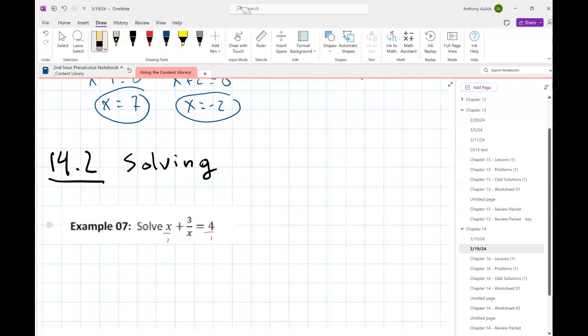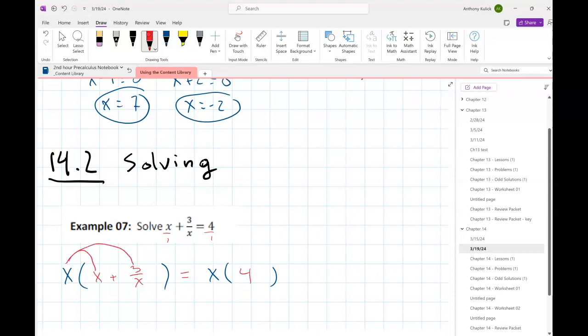So my least common multiple of all the denominators is just going to be x, because x, you get it. So I'm going to take that and multiply it to both sides of my equation. Everybody's okay?